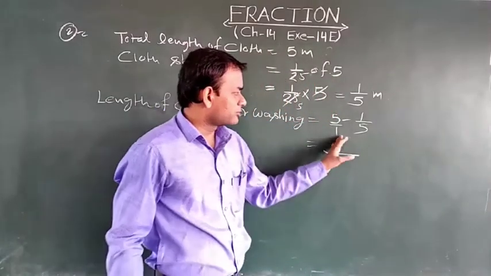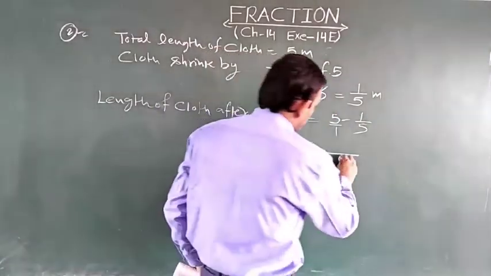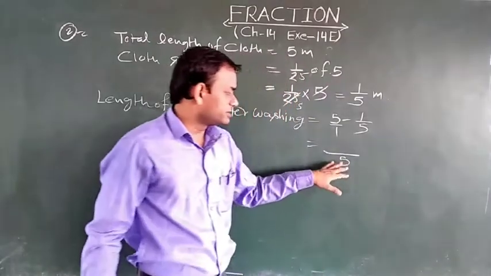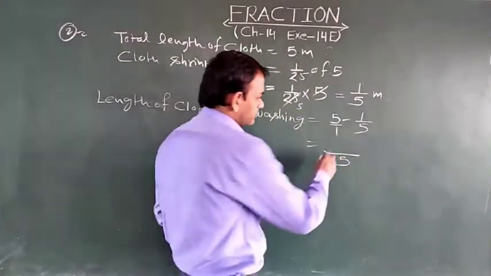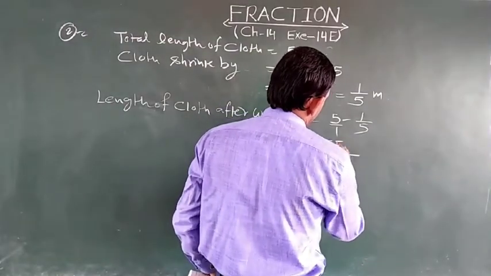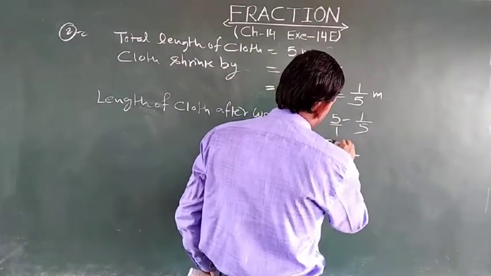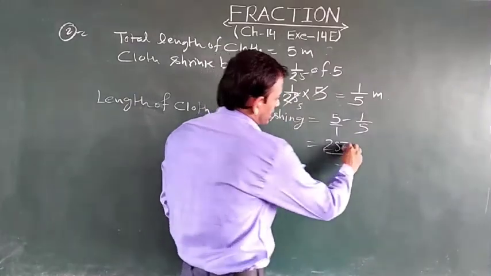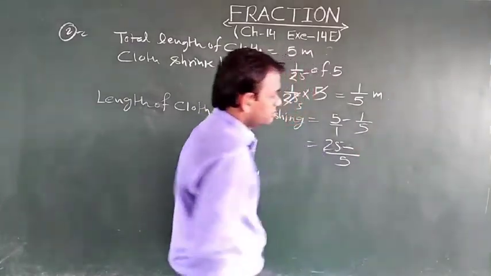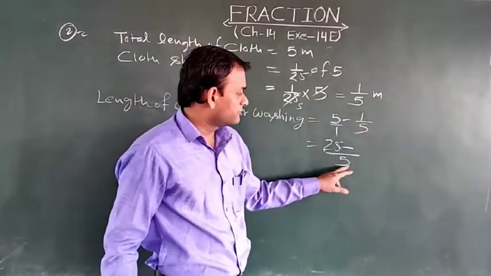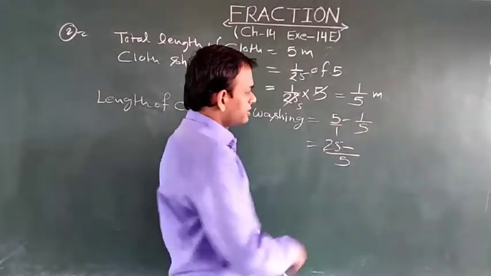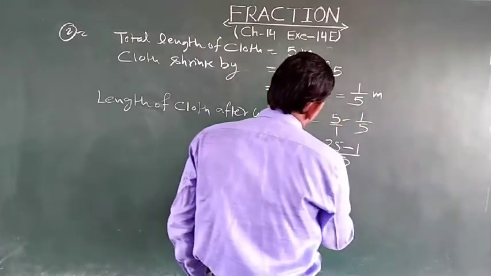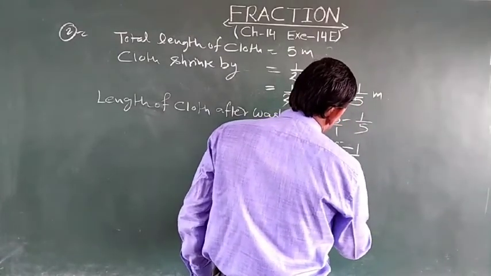Now we will take the LCM of 1 and 5, that will be 5. Now we will divide 5 by 1, then 1 5s are 5 and 5 5s are 25. Okay, minus sign is there, so we will write the minus sign. Now we divide 5 by 5, 5 1s are 5 and 1 1 is 1, so we will get 24 upon 5.